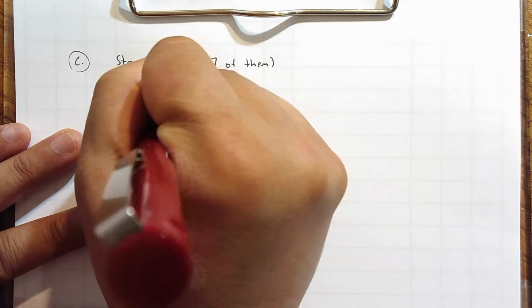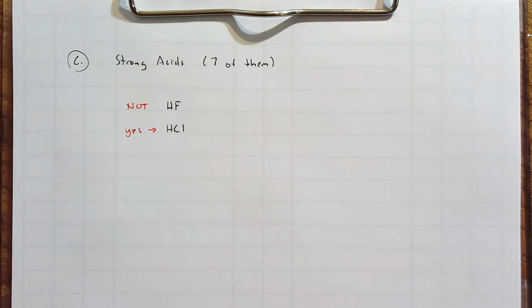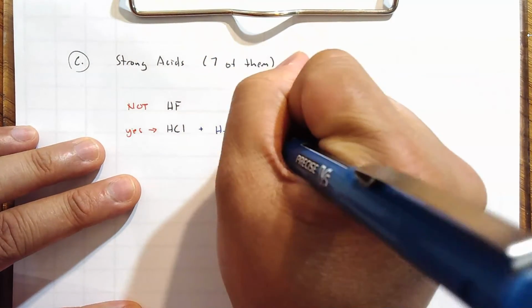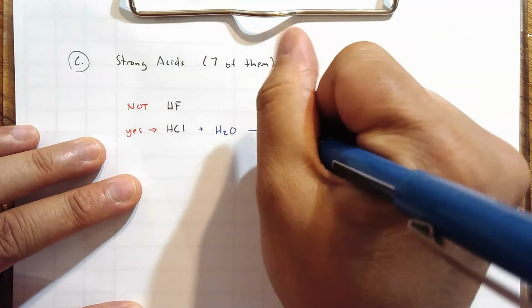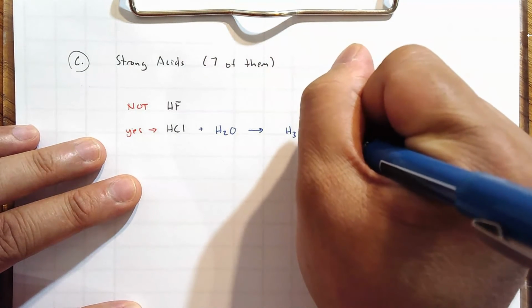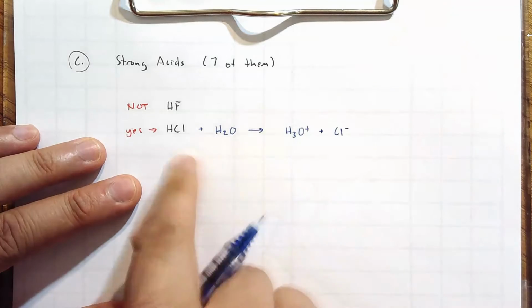So HCl, we've seen this reaction already, plus H2O, arrow, not equilibrium, goes to H3O plus, plus Cl minus. So I'm not going to put the phases anymore.